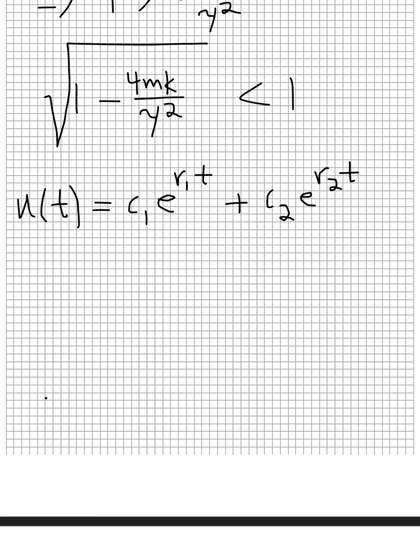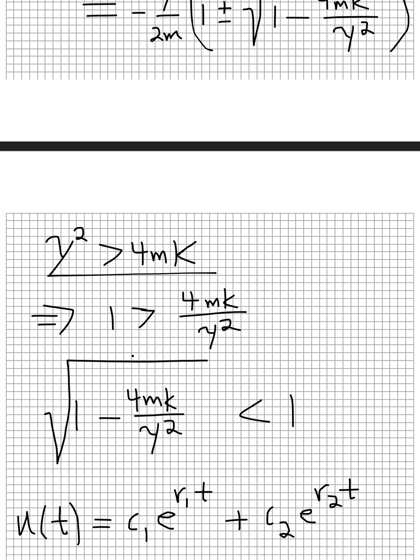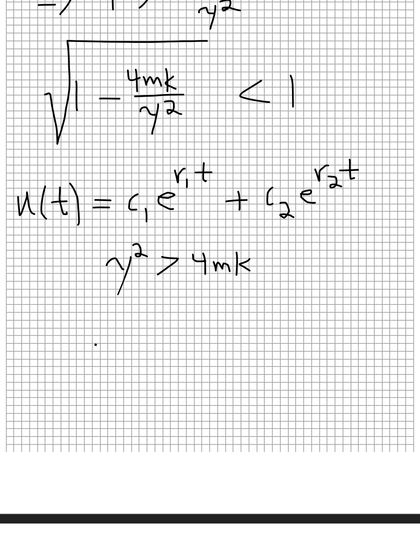So this case will occur more specifically when gamma squared is larger than 4 times mk. So I believe that looks familiar. That's referring to this back up here, right?